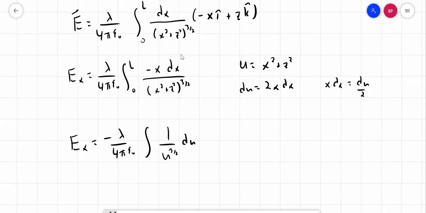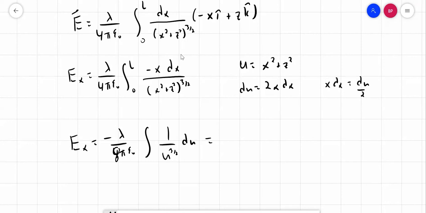All right, so this is an easy integral. You have u to the minus 3/2. That's what 1 over u to the 3/2 is. We add 1, get u to the minus 1/2, and then we divide by negative 1/2 or multiply by negative 2. So this is going to cancel our negative here. And I didn't divide by 2. This is supposed to be an 8 because of this 2 here.